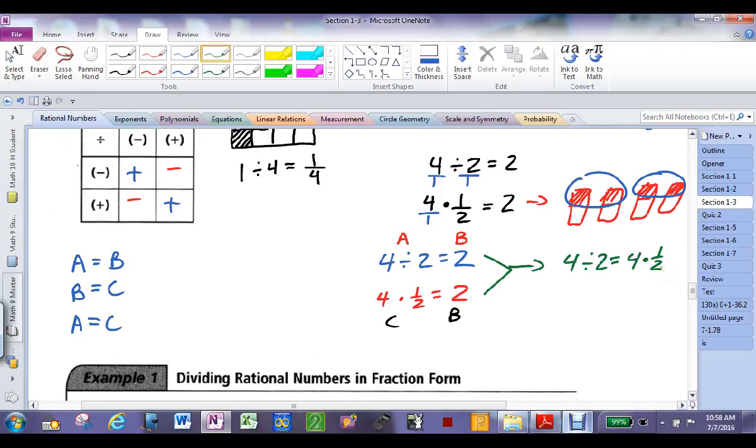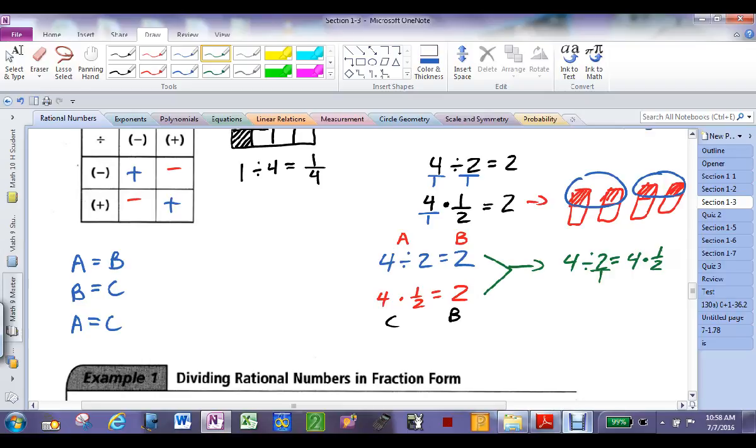Right? Now, what is the beautiful thing about math? If it happens once, what do you know? It'll happen every single time. So if you take any number and divide it by any other number, it is the same as multiplying by that number flipped over.